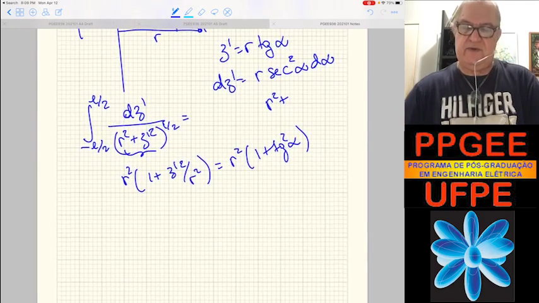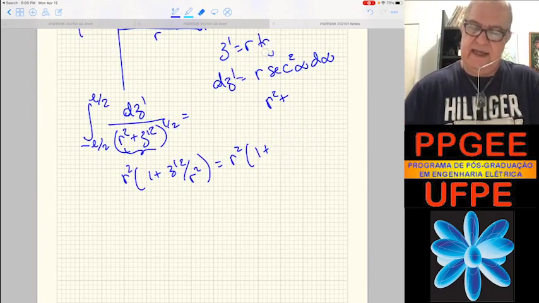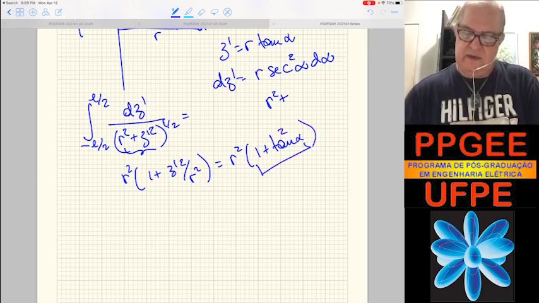In fact, I have to use tangent in English here; I'm using tangent in Portuguese. I think in the notes also it's tangent of alpha, that's the English way of referring to tangents. This gives secant squared of alpha.